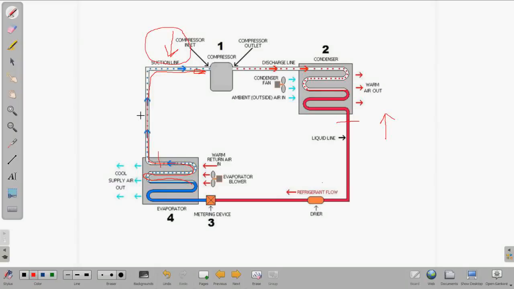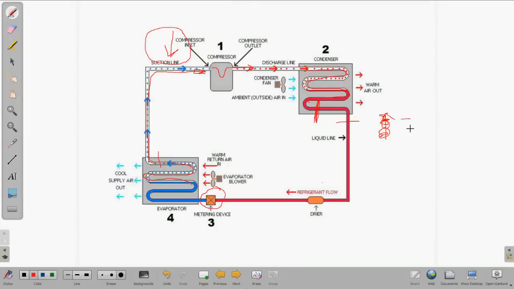So this system is properly charged, metering device is feeding right, so this refrigerant runs through the condensing unit and it begins to get subcooled and it gets backed up right where it needs to be to have proper subcooling coming out of the condenser. So while pressures may be off, your subcooling is going to be exactly what it should be for a properly charged system coming out of this condensing unit.